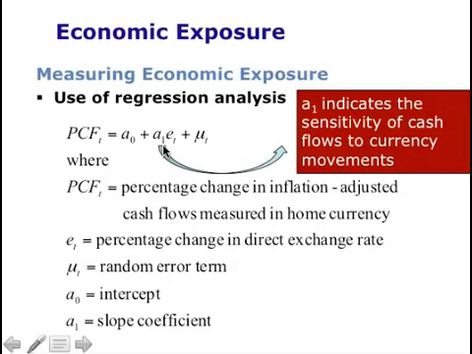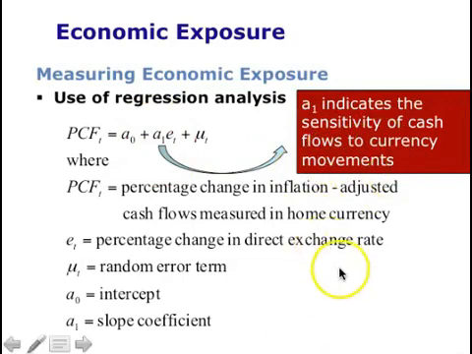So if there's no major adjustment in its operating structure, we can rely on these two sets of data, cash flow and exchange rate, to make the prediction, to measure the economic exposure. So how to measure? We actually rely on this coefficient A1, because A1 indicates the sensitivity of cash flow to currency movements.